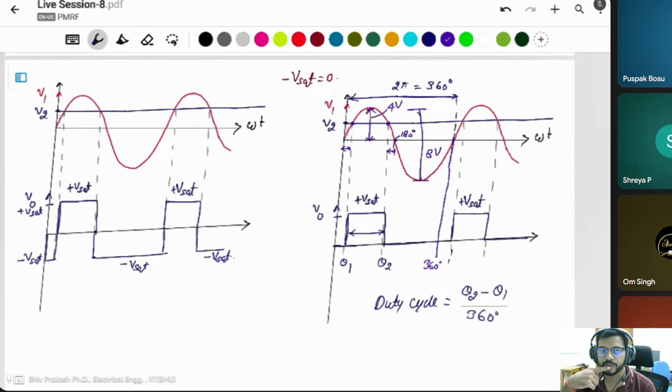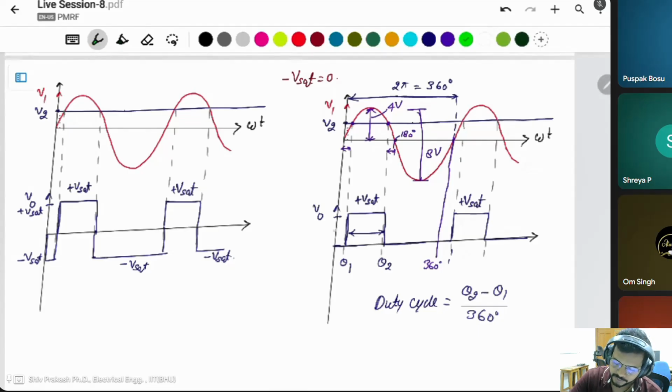If you know about the converter, the voltage is controlled by the duty cycle. If the duty cycle increases, then you get a higher average output voltage. If you increase the duty cycle, the output voltage is more. If you decrease the duty cycle, the output voltage is less.